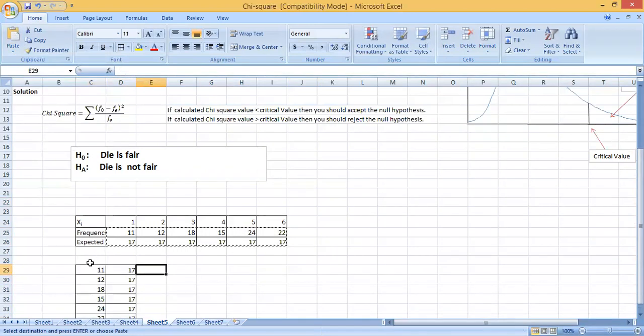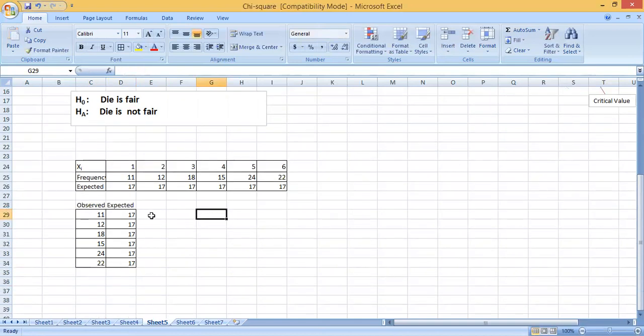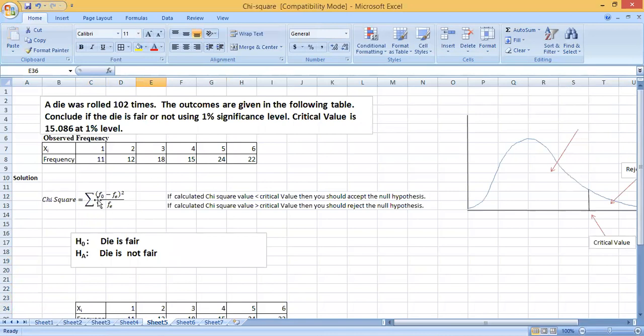This is the observed and this is the expected. Now, following the formula, equal to this minus this. And if I drag it, then I get all the numbers. Now I have to take the square of it.